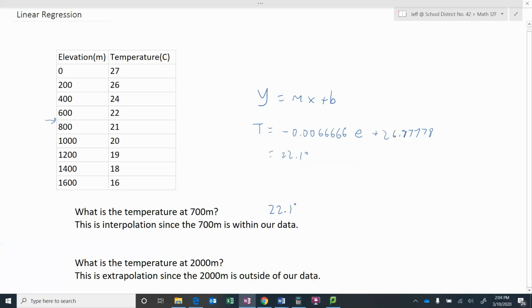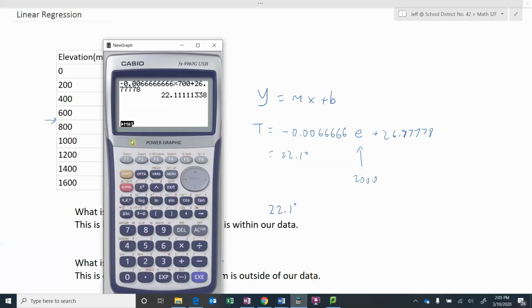But we can still use our formula. So now I'm going to put 2,000 in for the elevation. Actually, what I'll do with my calculator is just go back in here and change the 700 to 2,000 and hit enter again.